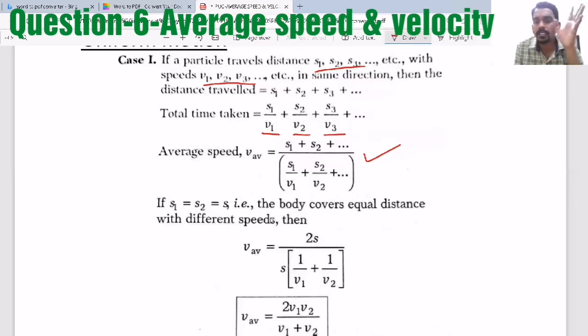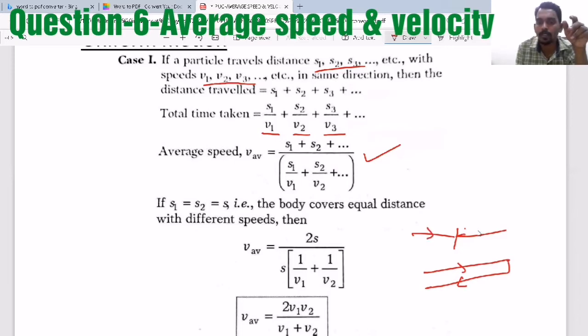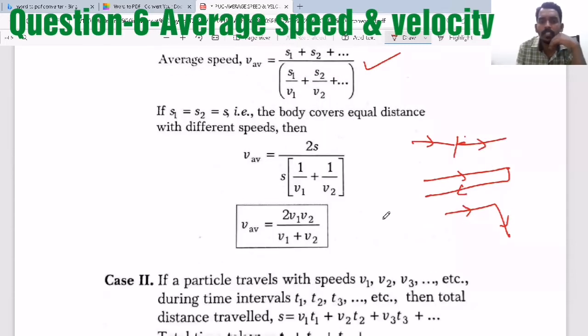If the distance is divided into two equal parts, such as forward and backward motion, or in perpendicular directions, the average speed becomes, if you substitute S1 equal to S2 equal to S, 2v1v2 by v1 plus v2.